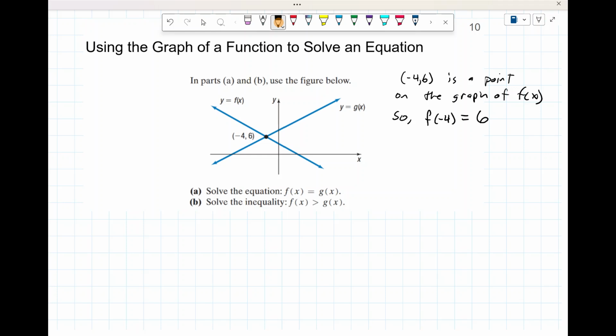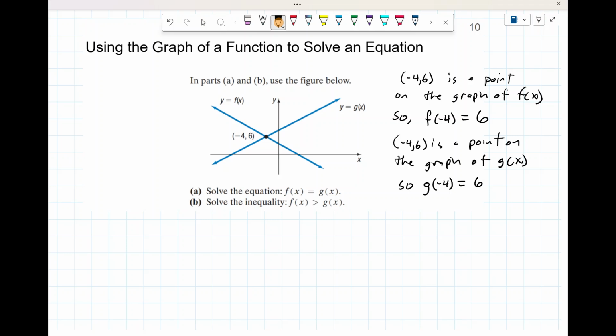It is also a point on the graph of g of x. So when I plug in -4 into g of x, it will also be equal to 6.